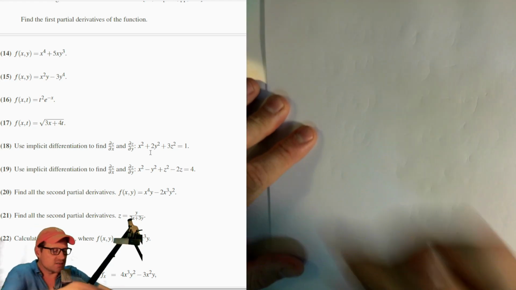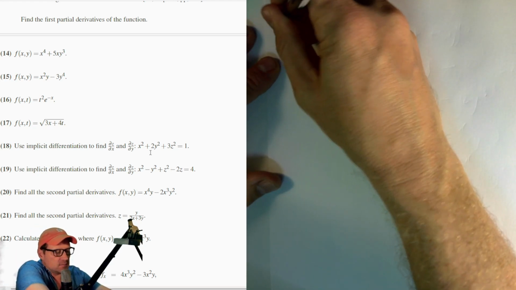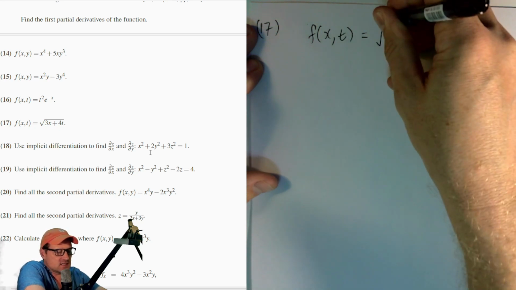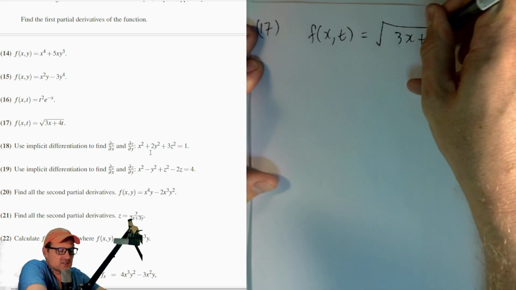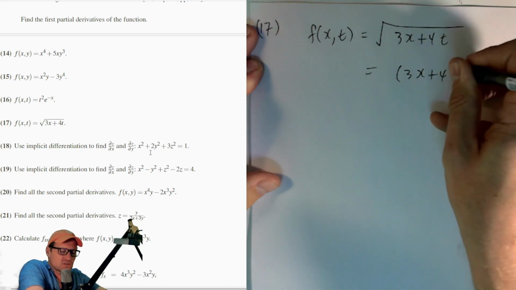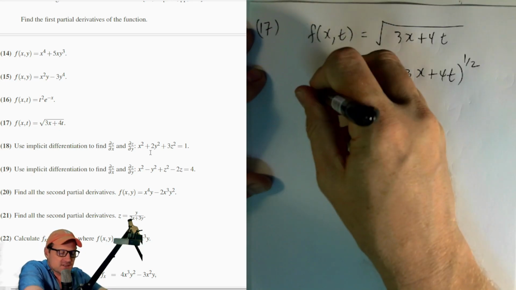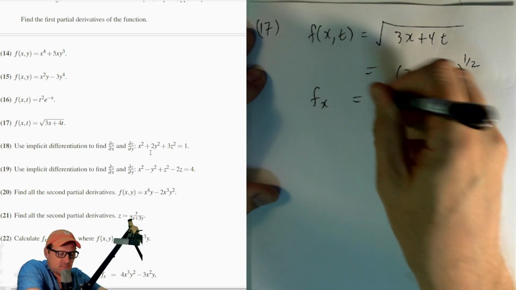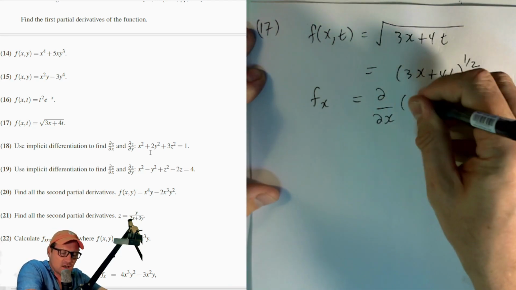All right, question 17. f of x and t is the square root of 3x plus 4t. Now notice that we can write this as 3x plus 4t to the power of 1/2. Okay, so f subscript x is the partial derivative with respect to x of this.